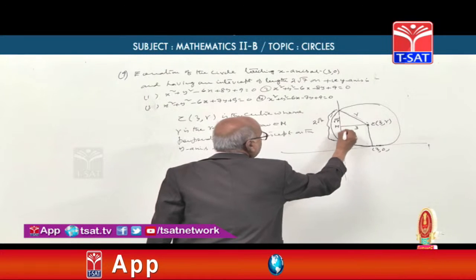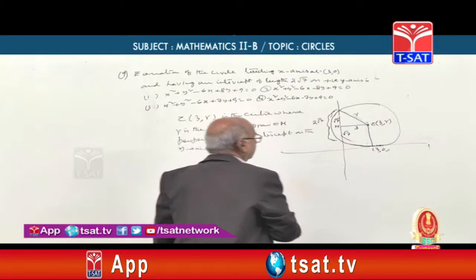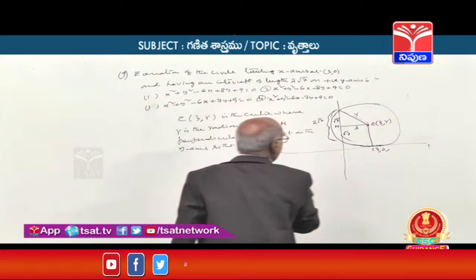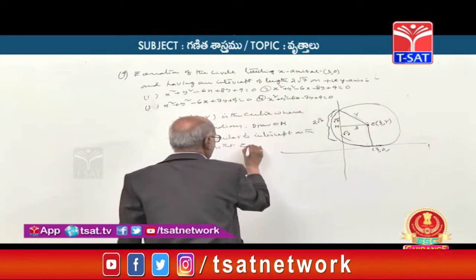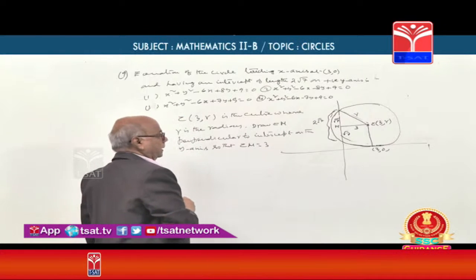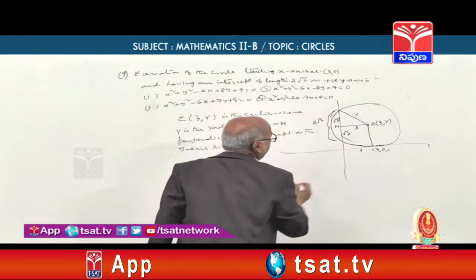This is root 7 and this is root 7, and you are given that this is equal to this. So that CM is equal to 3. From the figure you can see that it's a rectangle. CM is equal to 3.